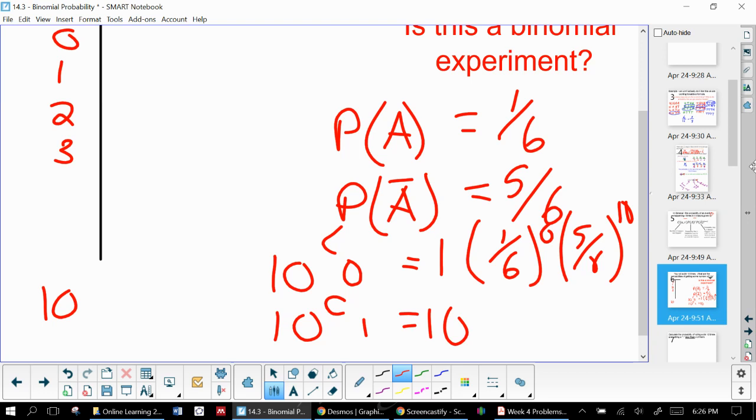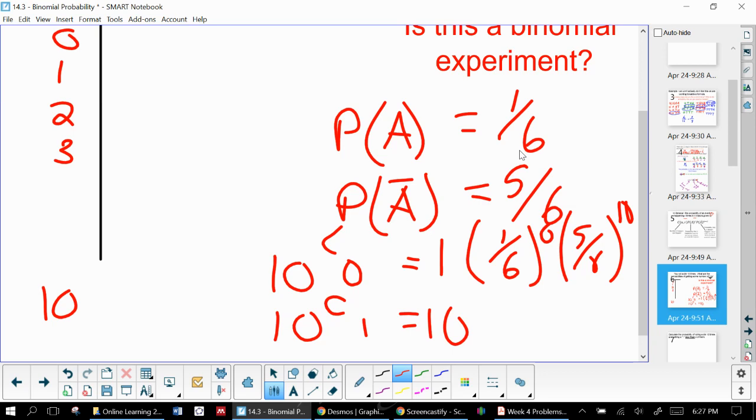Again, the 1/6 is the probability this thing does happen, to the number of times that it happens, times the probability that it doesn't happen, to the number of times that it doesn't happen. The 1 represents the number of ways that it can happen, which is where the 10 choose 0 came from.